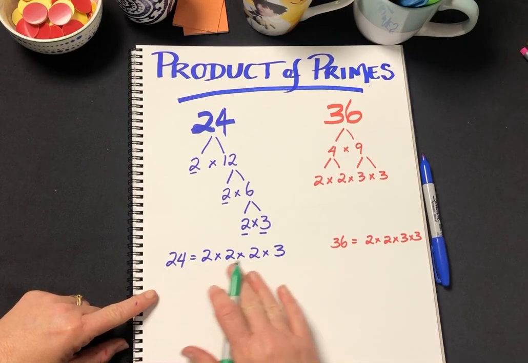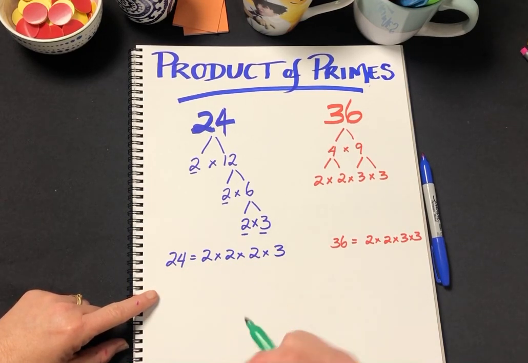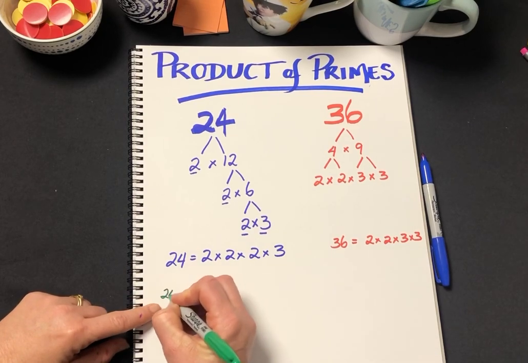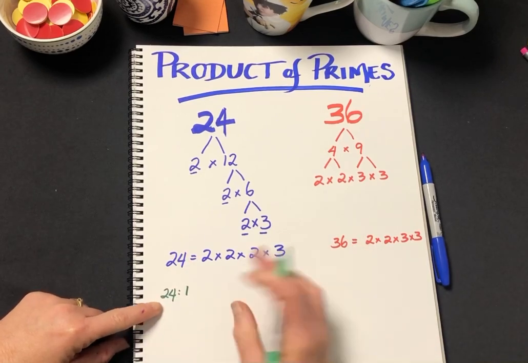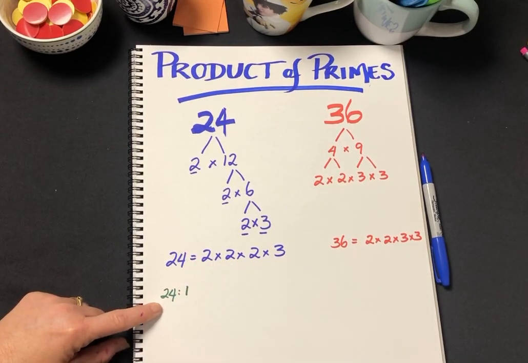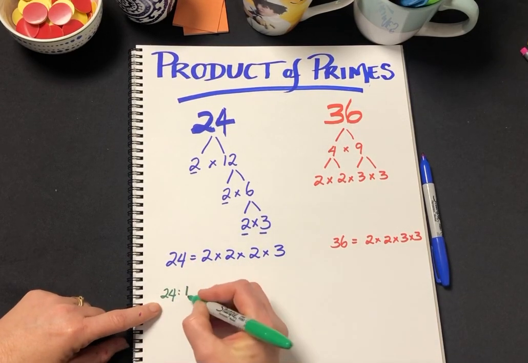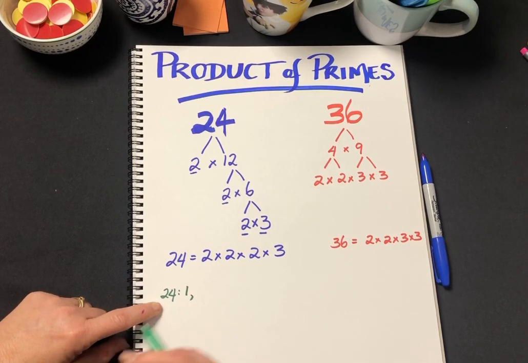But they can use this product of primes to come up with a list of factors as well. And that means looking at all the different combinations. Now, for 24, we know 1 is a factor of every number, and it's not a prime number, so that's why it's not appearing here. So we write 1 first. But then we look at all the possible combinations of the prime factors.